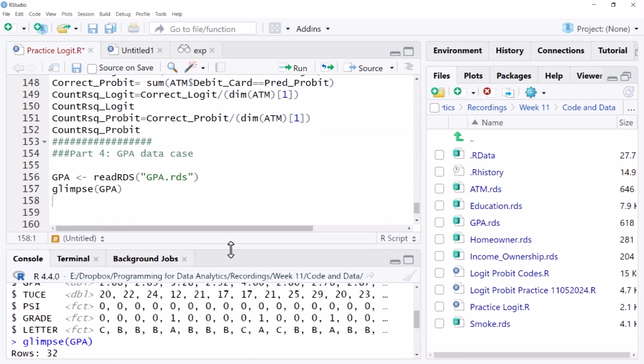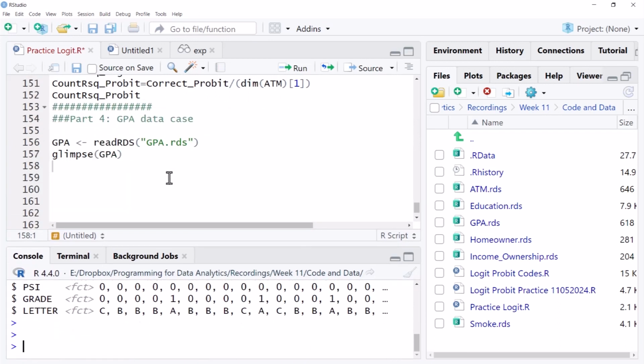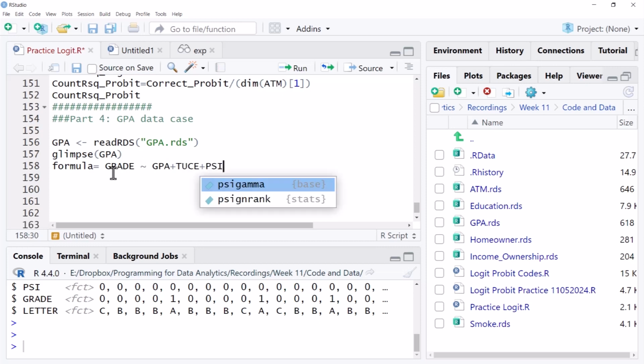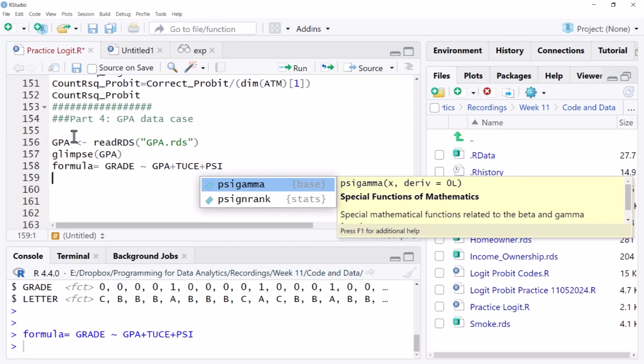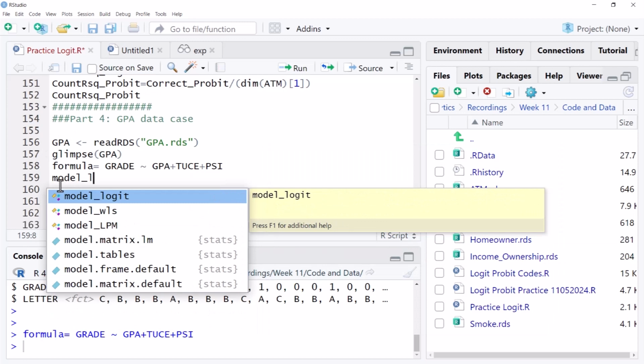First and foremost, we'll start modeling with the logit and probit approaches. Let us first define the formula that we are going to use. The formula is simple. We are modeling the grade variable as a function of GPA plus TUCE plus PSI. So these are our variables. This is the formula that we have specified. Now let's call it model underscore logit.